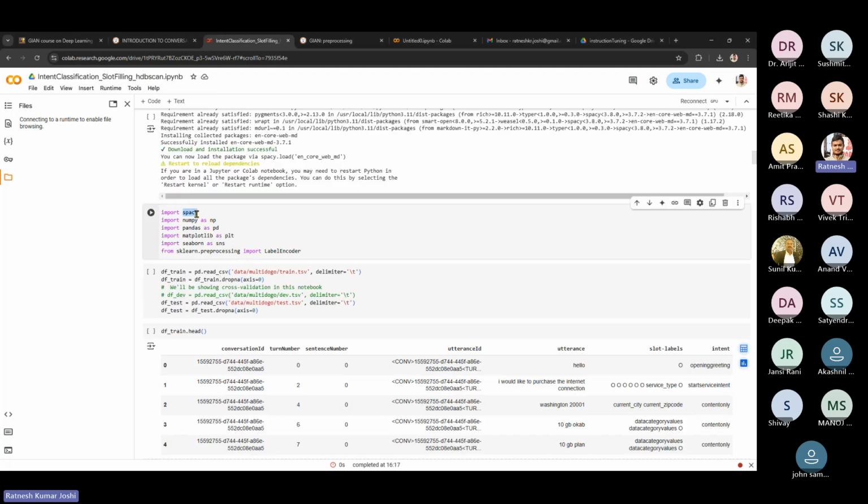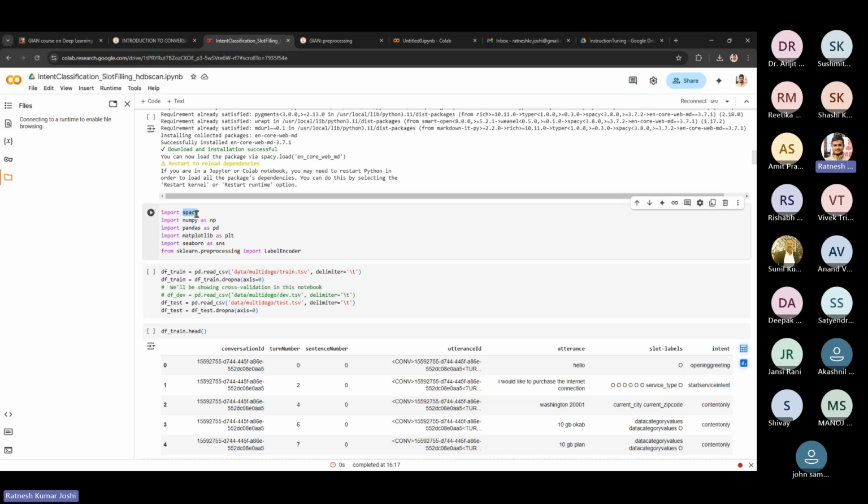SpaCy is a package, as mentioned earlier, with a bunch of language resources. Right. NumPy is a specific package that allows us to use numbers in Python. So, for example, arrays. I'm not sure if you know, but in Python, arrays are not there, right?